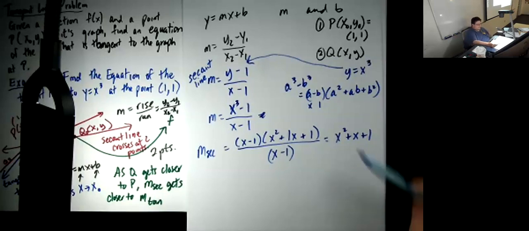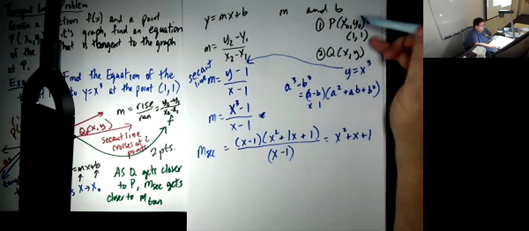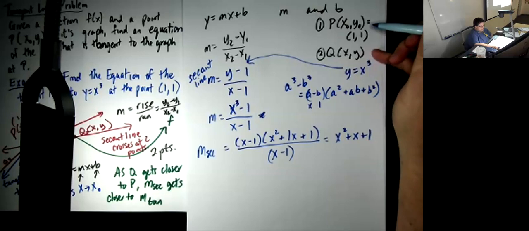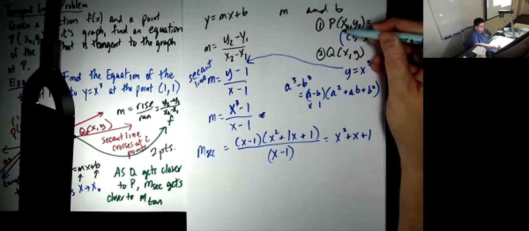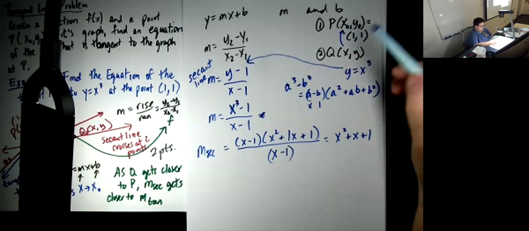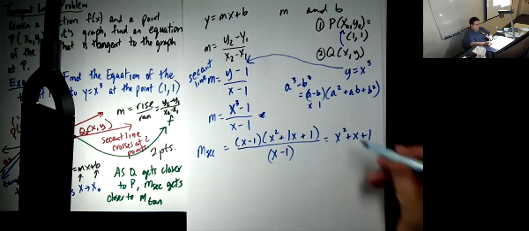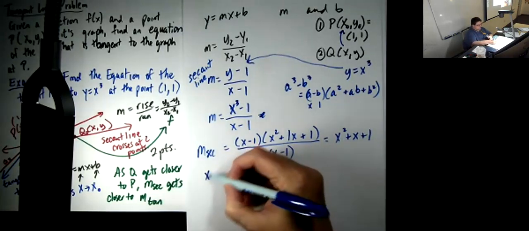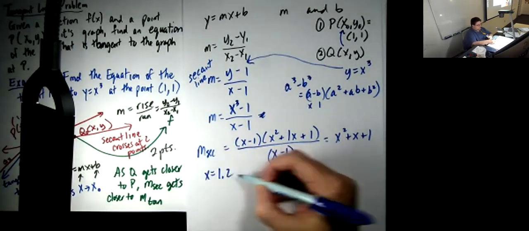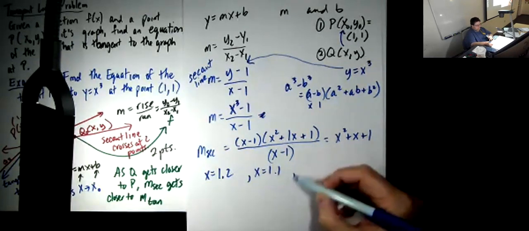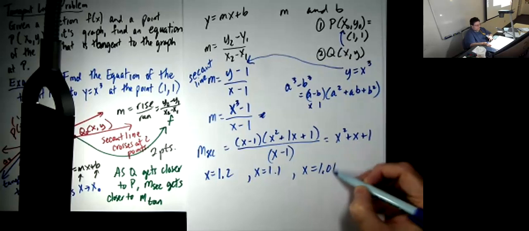Remember, we're trying to find the slope at 1, 1. And we said as the secant line, as x approaches x naught, the slope of the secant line approaches the tangent line. We could look at doing x equals 1.2, x equals 1.1, x equals 1.01.